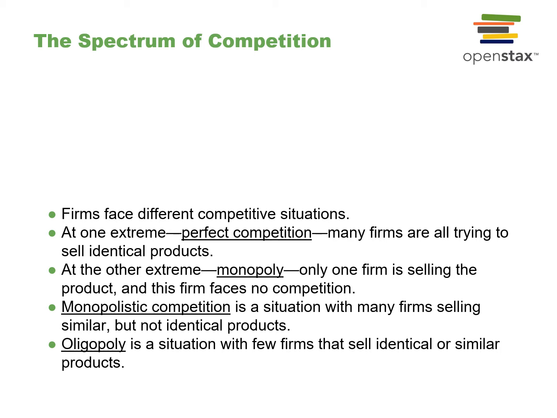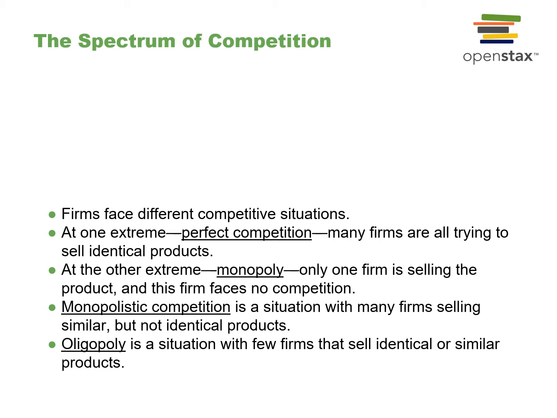Monopolistic competition is a situation where many firms are selling similar but not identical products. Let's say car companies could fit into that. So you have Dodge, Chevy, Ford, Chrysler, and many others. That would be considered monopolistic competition, with similar but not identical products.